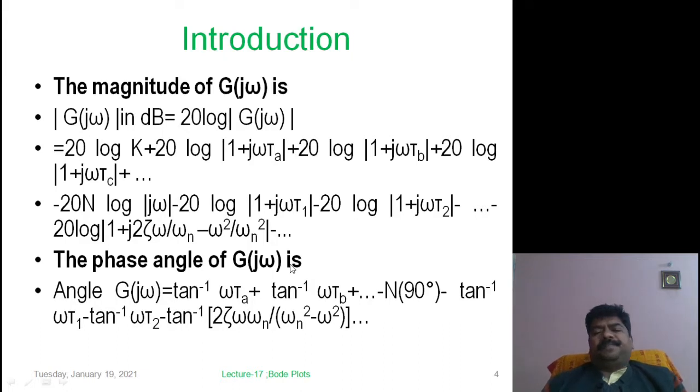So this way we can write a transfer function in the form of magnitude and in the form of phase angle.